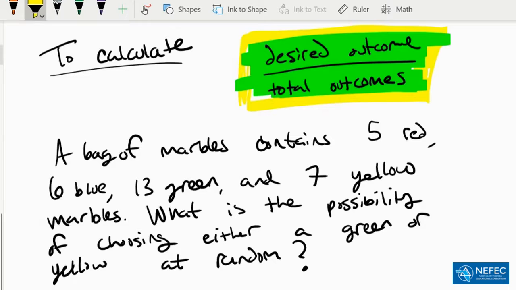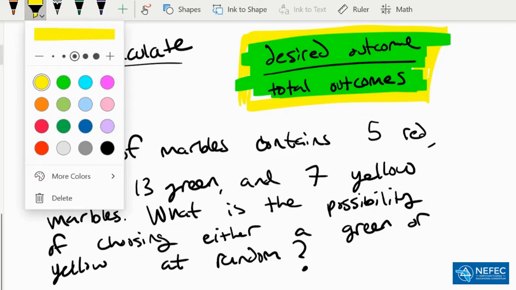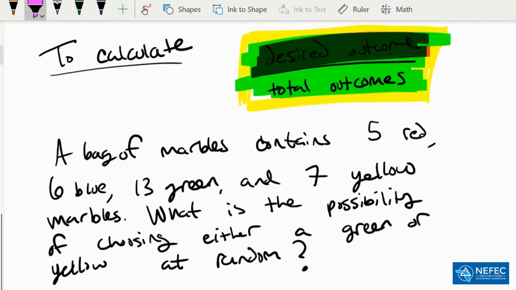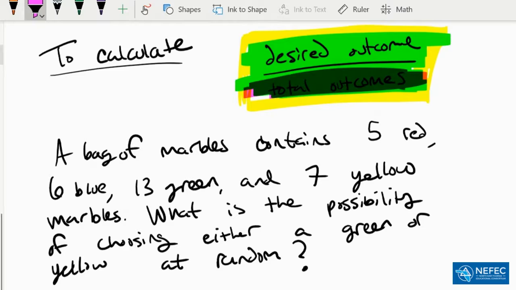We're going to take the desired outcome, what we're calculating the probability of, and divide that by the total outcomes possible. So desired outcomes divided by, or over, total outcomes. It just depends on how we want to represent it.